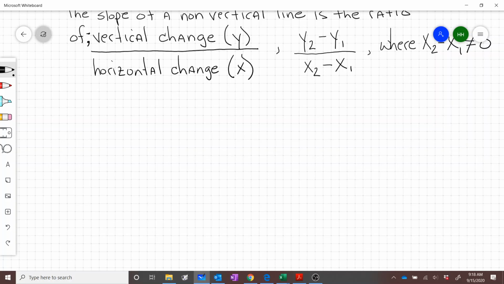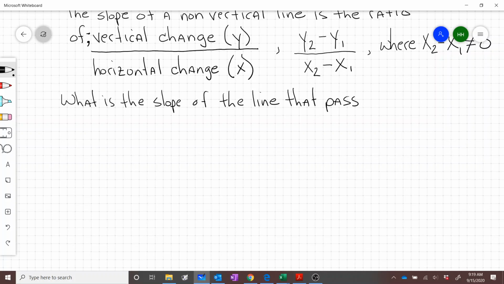So right now we're asked, what is the slope of the line that passes through the given points, where x2 minus x1 is not equal to 0?